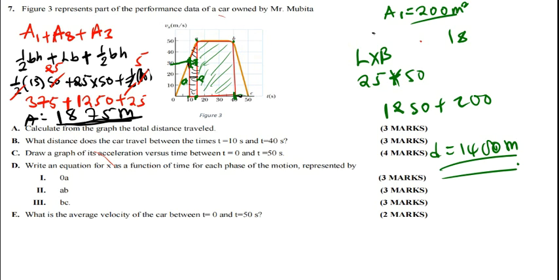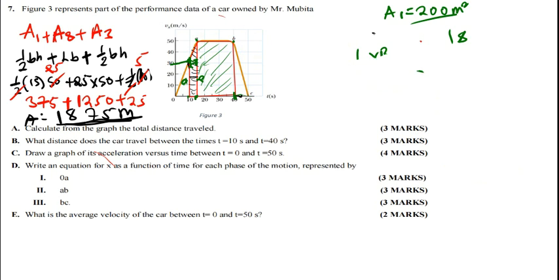Now, if I go to part C, which is saying draw a graph of its acceleration versus time. Okay, acceleration versus time between 0 and when time was equal to 15. So for us to have the graph of acceleration versus time, to find acceleration, like we said, you just do this.